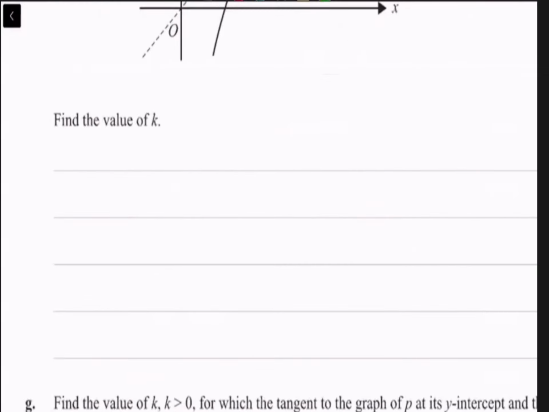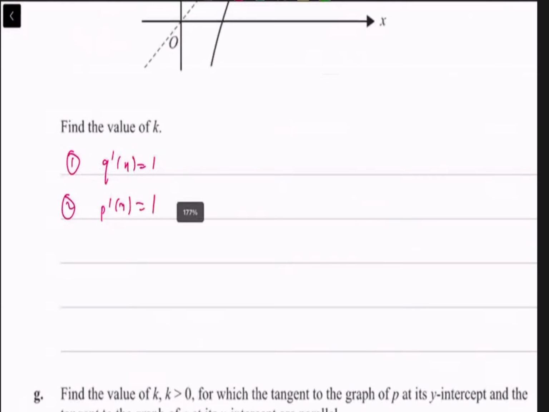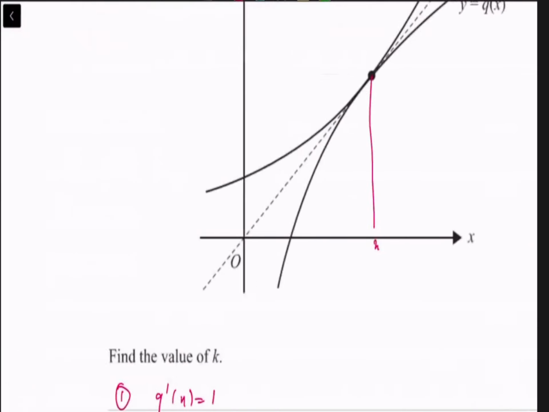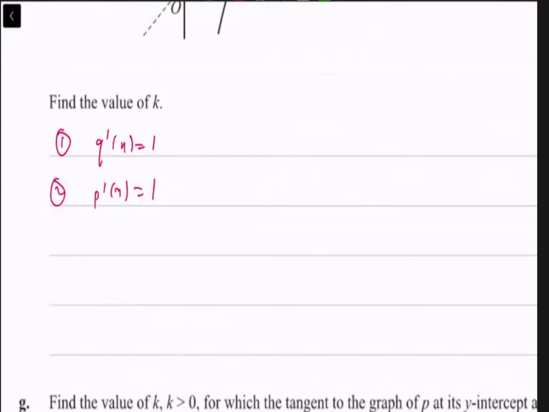So we can find k by equating both of the gradients to 1: q dash x equals 1 and p dash x equals 1. We need two simultaneous equations because we don't know the x value at which they intersect, and we also don't know k, and q(x) and p(x) are written in terms of k and x.